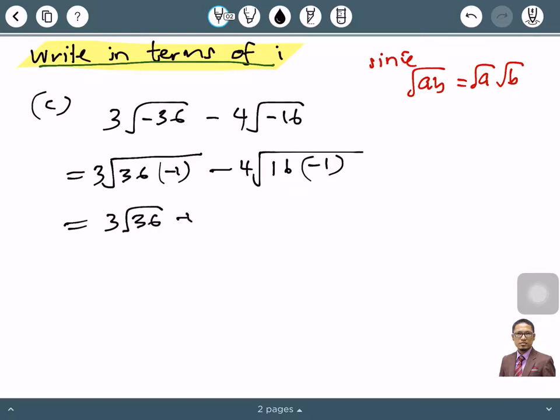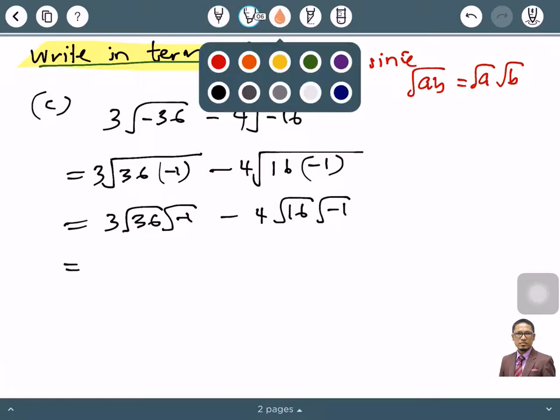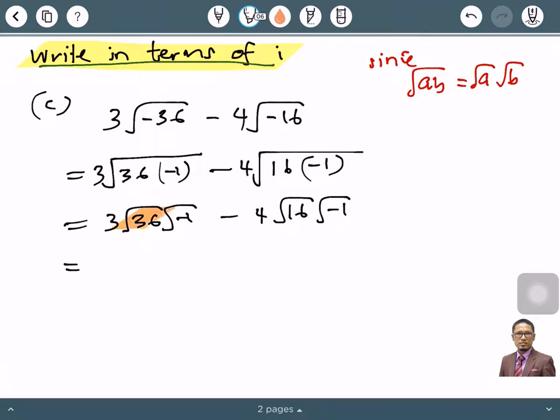Square root of 36 actually equal to 6 and square root of 16 equal to 4.